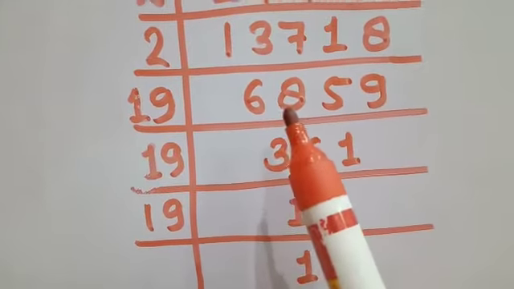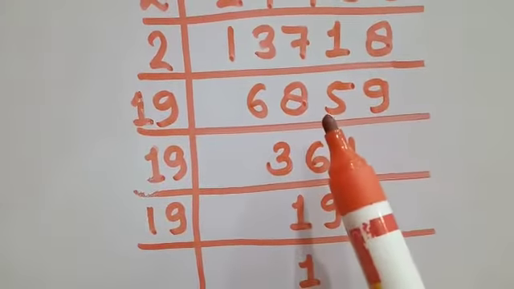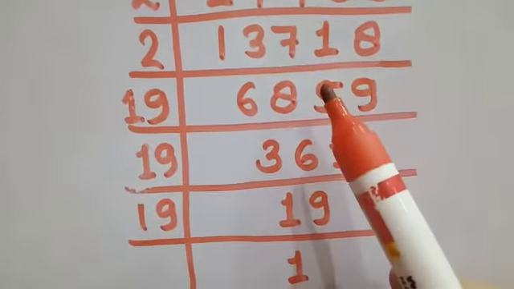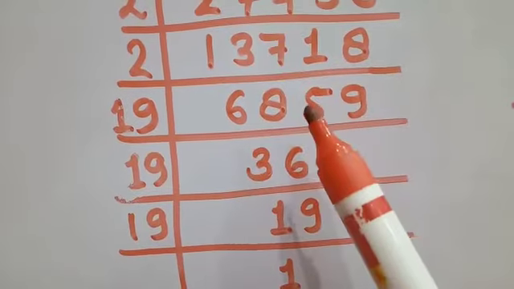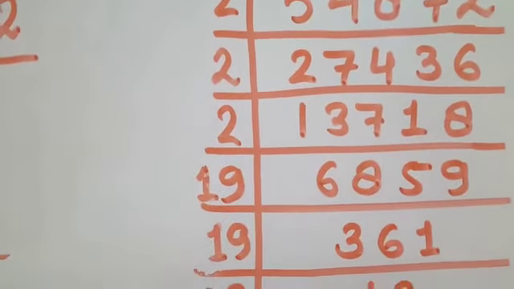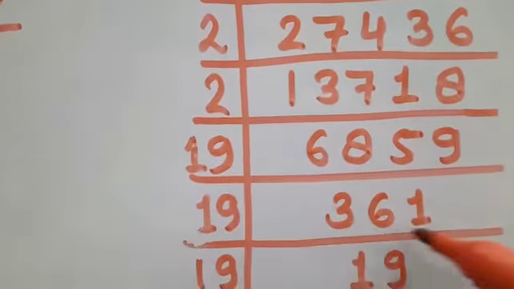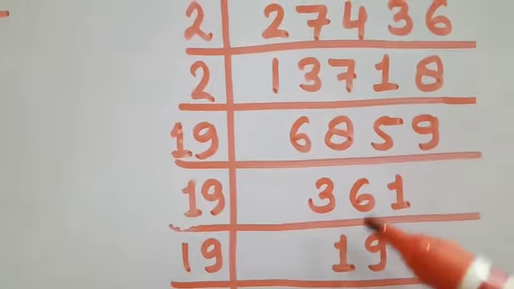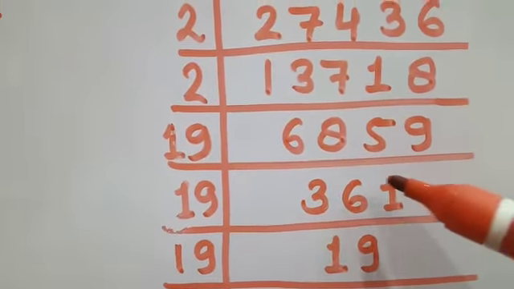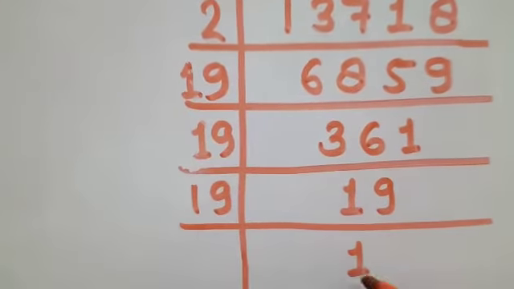So 11 is left here. 11 and 5 will be 115. 19 6s are 114. 1 is left, 11. 19 6s are 114. 1 is left here. 1 9 19, 19 ones are 19. 19 ones are 19. 17 is left here. 17 and 1 117. 19 nines are 171. 19 ones are 19.